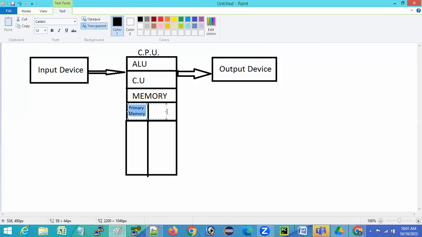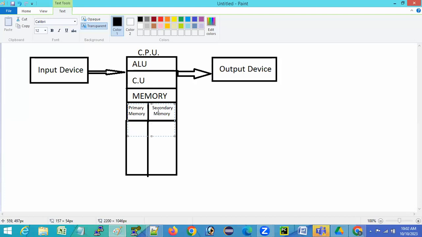And the second one is called the secondary memory.